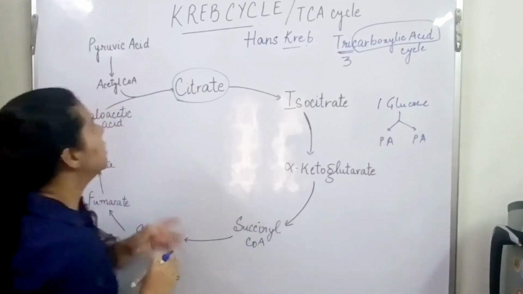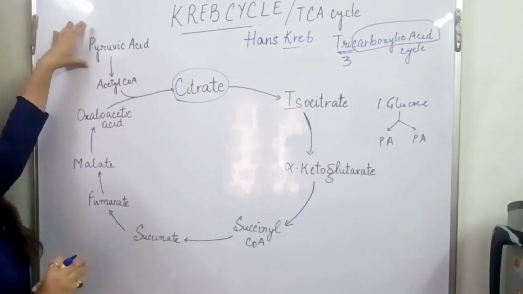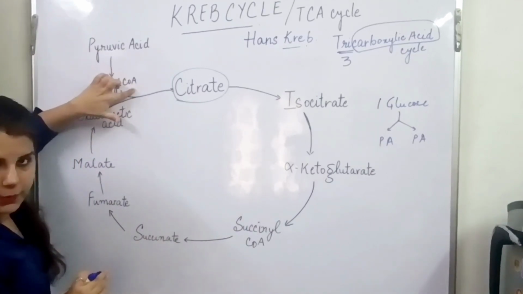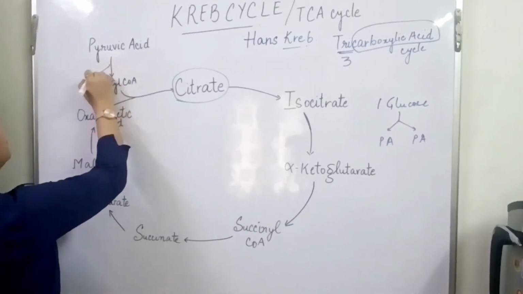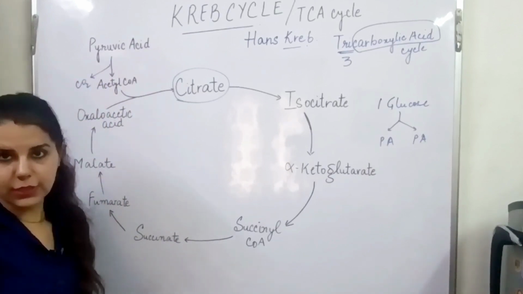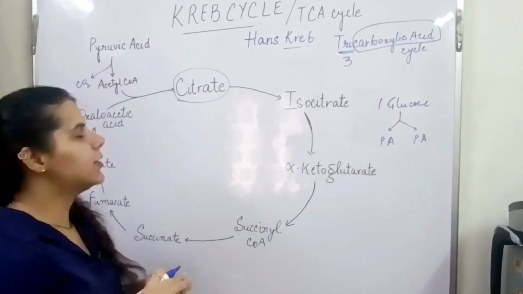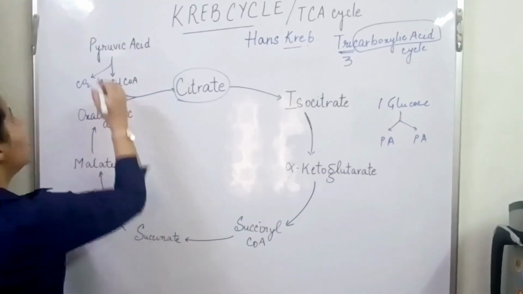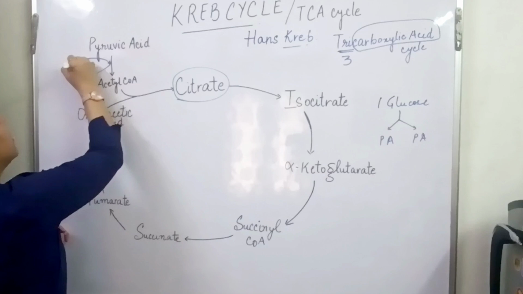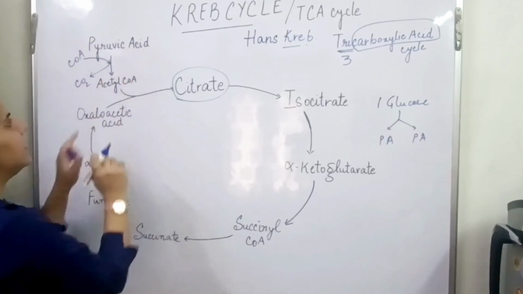Fine. Now let's start. Pyruvic acid is first of all converted to acetyl coenzyme A. Now here one carbon dioxide molecule is released, so it's a decarboxylation reaction. Also one coenzyme molecule, coenzyme A, is being added.